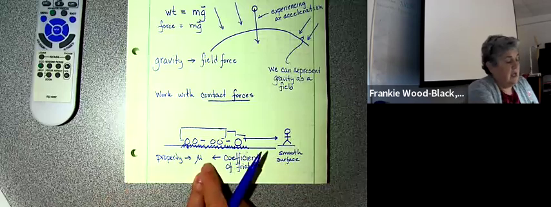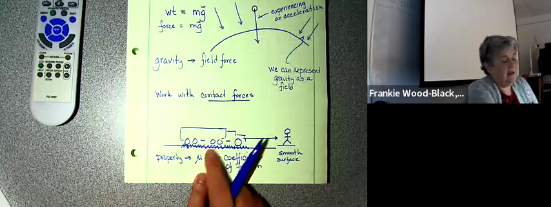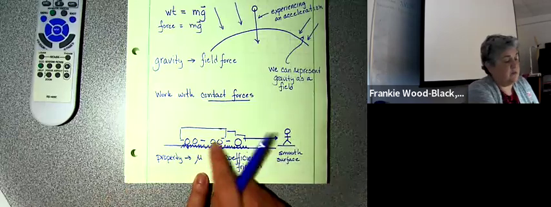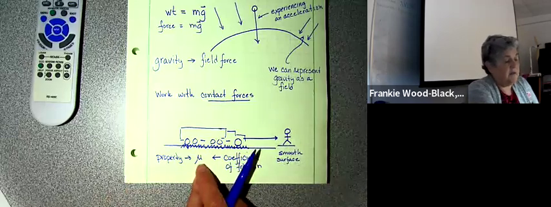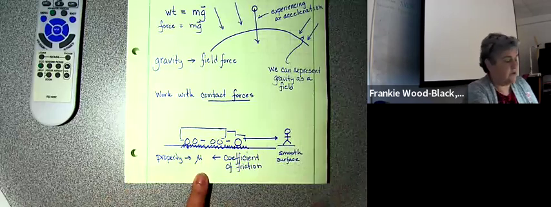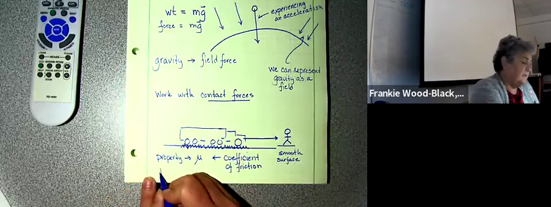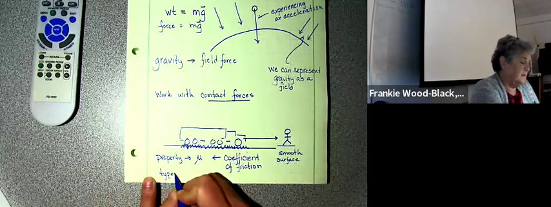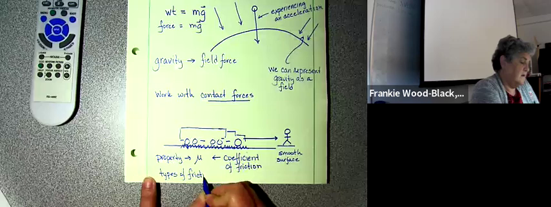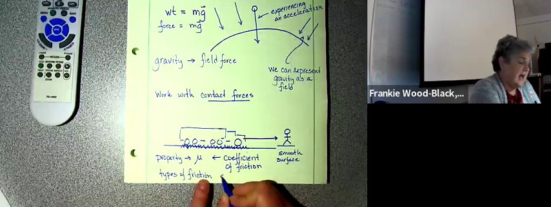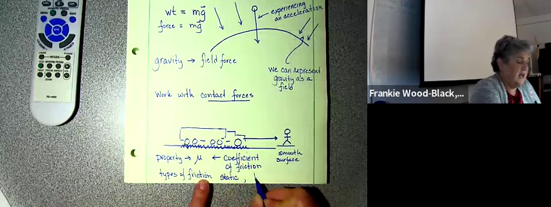Okay. And that's going to give me something that's going to resist movement, because what's happening here is I'm actually applying a force. And I have two types of friction. I have static friction, and I have kinetic.